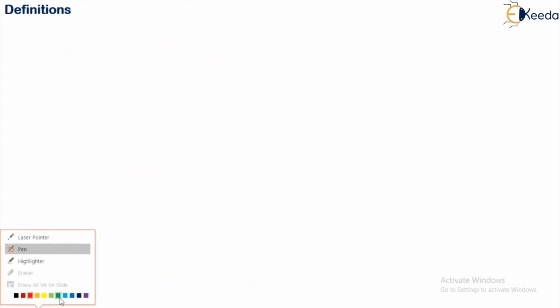Moving on to the next definition, the hydrated lime. Whenever you crush the quick lime, this will be slaked. Slaked means you put some water onto this, right?